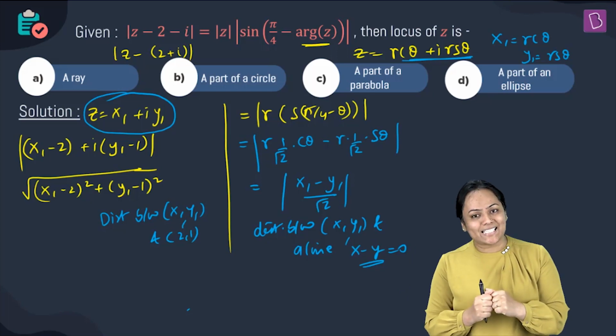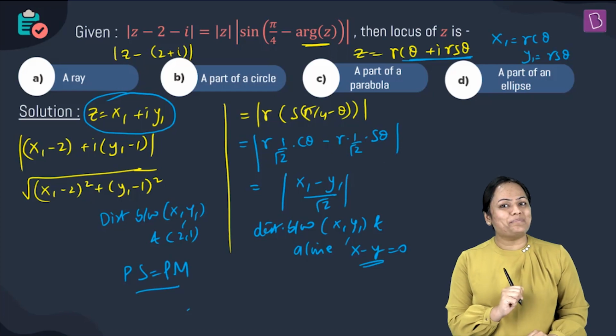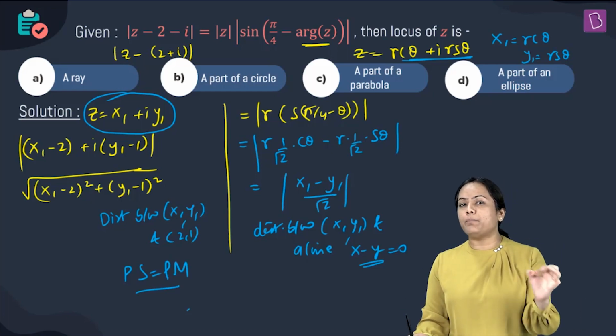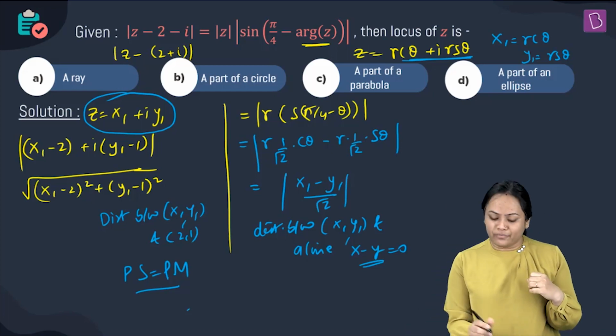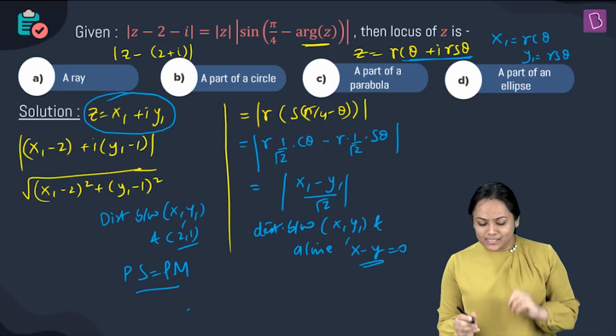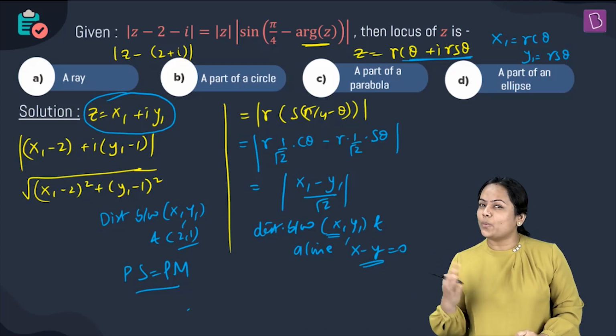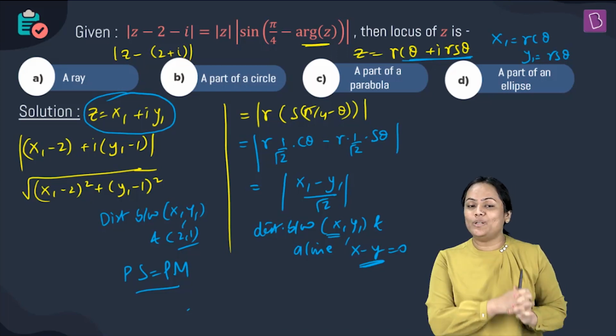Conic sections, that's correct. You can say it's somewhat like PS equals PM, isn't it? PS is the distance from my point P, in this case (x1, y1). S is the focus, that is (2, 1). And PM is nothing but the distance between my point (x1, y1) and the directrix having equation x minus y equal to 0.